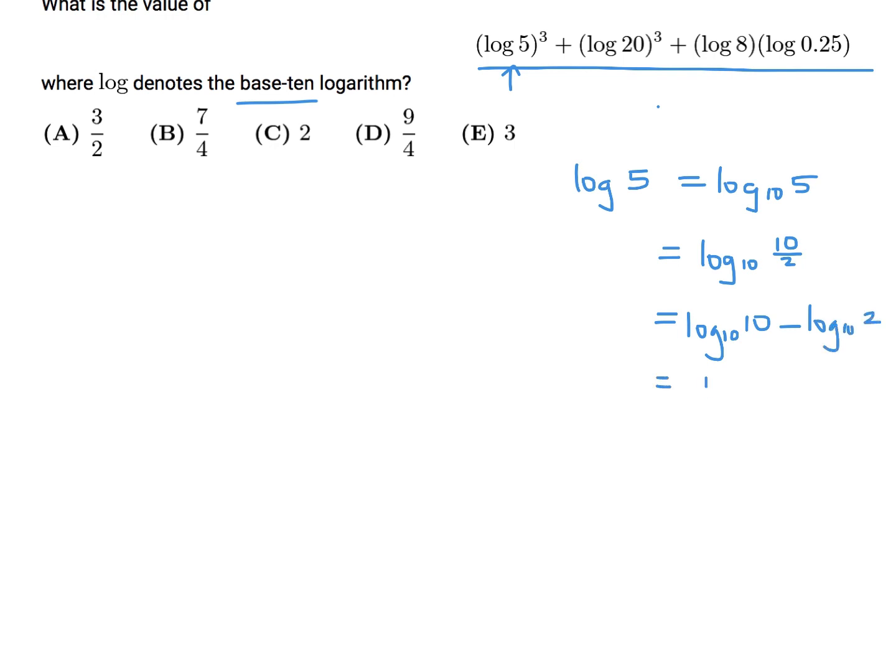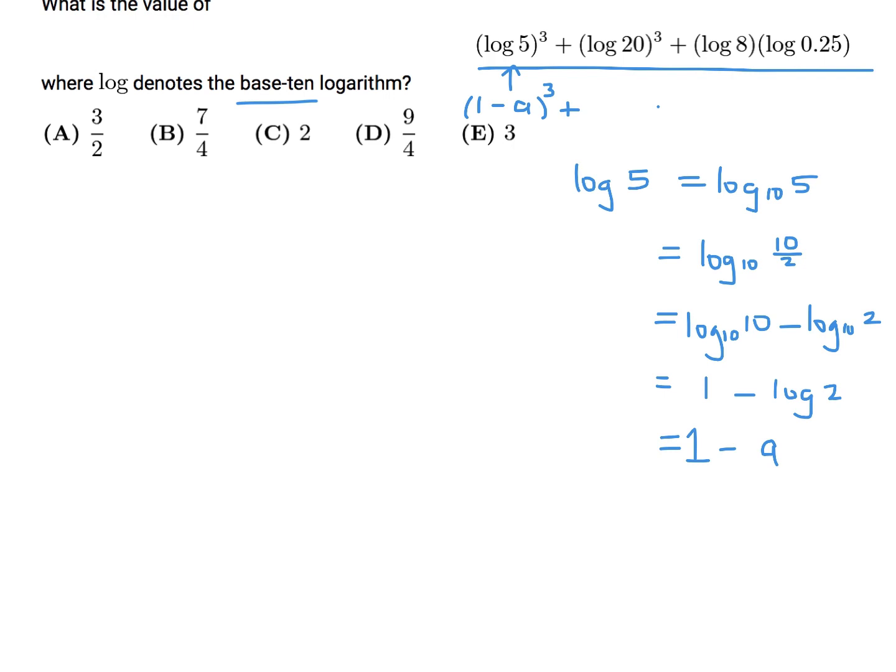Log 10 to the base 10 is just 1, and log 2 to the base 10, I'll just write log 2, and call it A. Therefore, this becomes (1 minus A) all cubed.